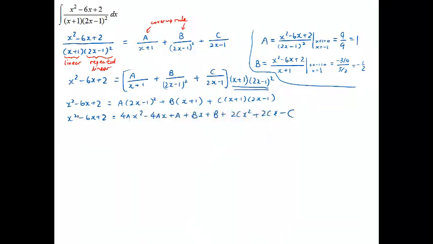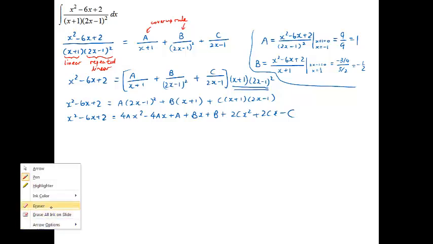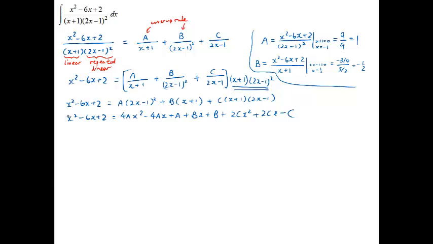I'm now going to take the x squared term and compare. So if I look for the x squared term, I see one here, 4ax squared and 2cx squared. So comparing only the coefficients, the coefficient of x squared is just 1.